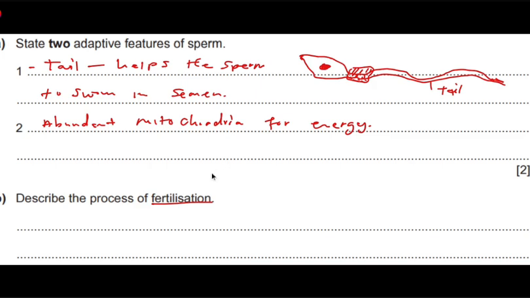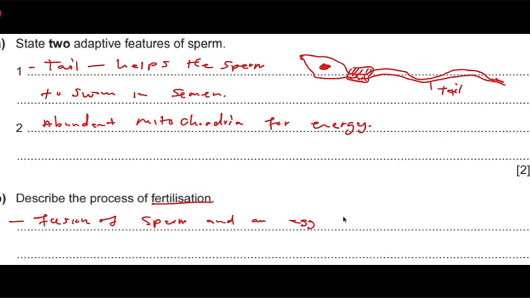Now, you're describing the process of fertilization. You need to start with the process of fusion. So we can just say fusion of male gamete. In this case, you can say fusion of sperm. If you want, you can say male gamete, it's just okay. Fusion of sperm and an egg.